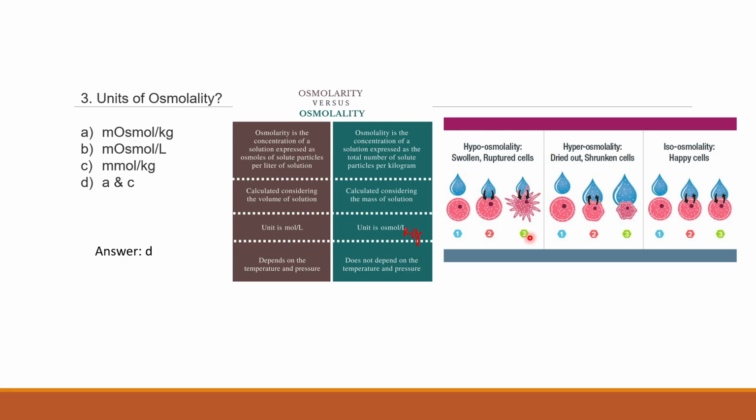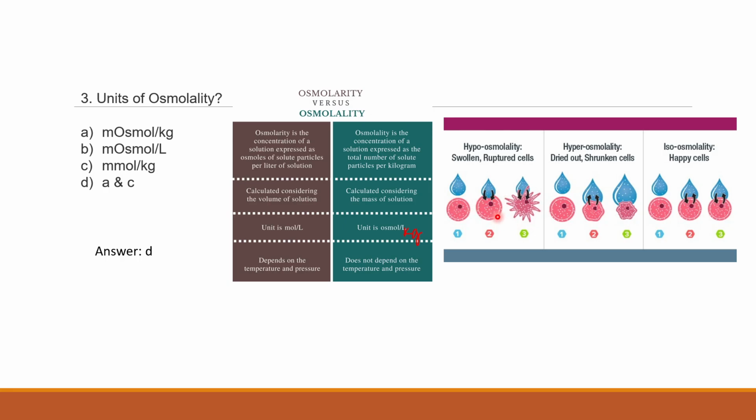So why you have to know about this is the concept of osmosis, where the water passes toward the solutes. Water always is attracted to the solutes, and it will try to maintain isotonicity or isoosmolality. So what happens when the osmolality is in a hypo condition, that is hypoosmolality?